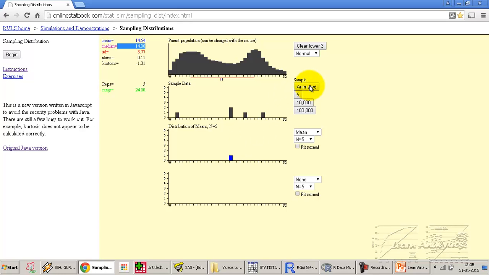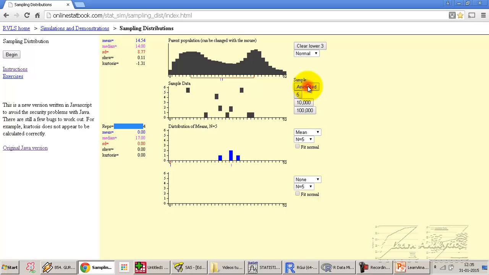If I extract another sample, let's say I click on animated once more, this is the second sample which has been extracted. This is the mean of the second sample, and the mean of the two samples is going to come over. We still don't have enough samples, so this is two samples. I extract one more sample, 3 samples, one more sample, 4 samples.